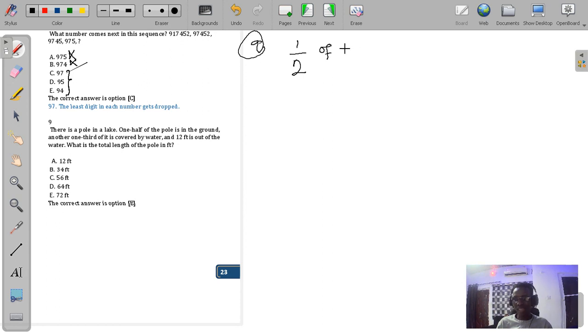So that means I would have said let X represent the height of the pole, or the feet. That's height now, it should be height. So one half of the pole.